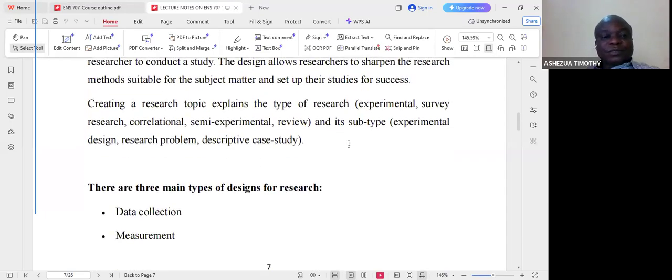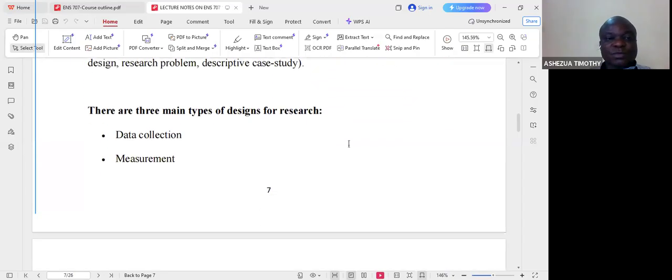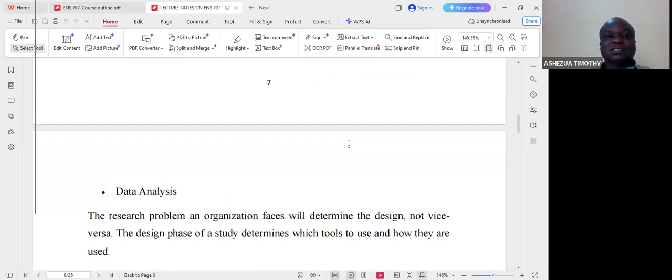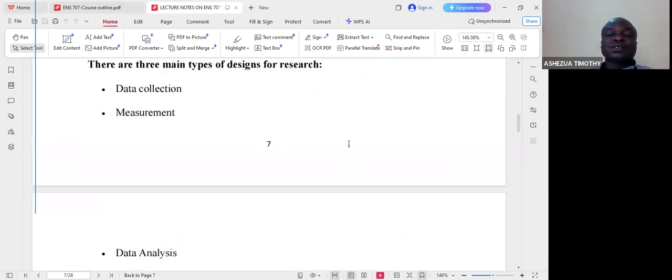Now, there are 3 main types of designs for research. One, you conduct data collection. Two, you do some measurements. And three, you analyze the data. This is very true because the very first thing you do is collect data.